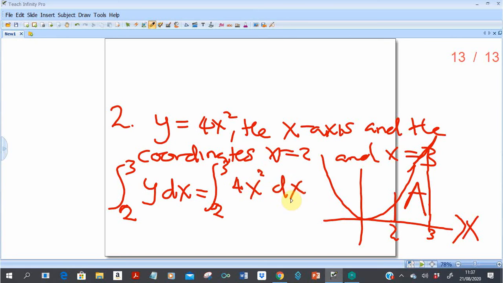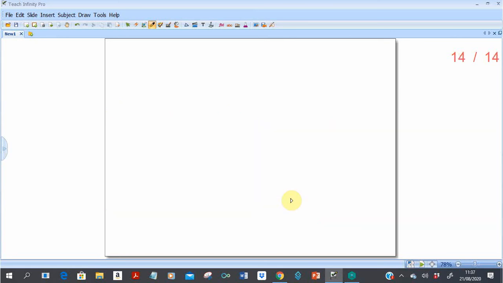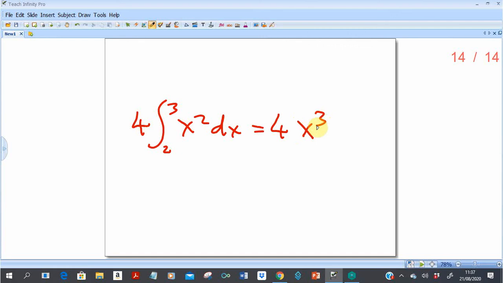Integrate that. We take the 4 out: 4 times the integral from 2 to 3 of x squared dx, and this would be 4 times x to the power 3 over 3.